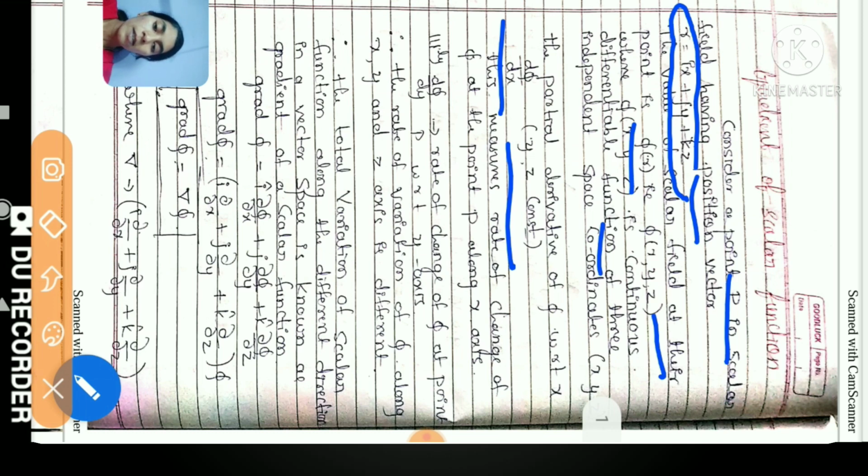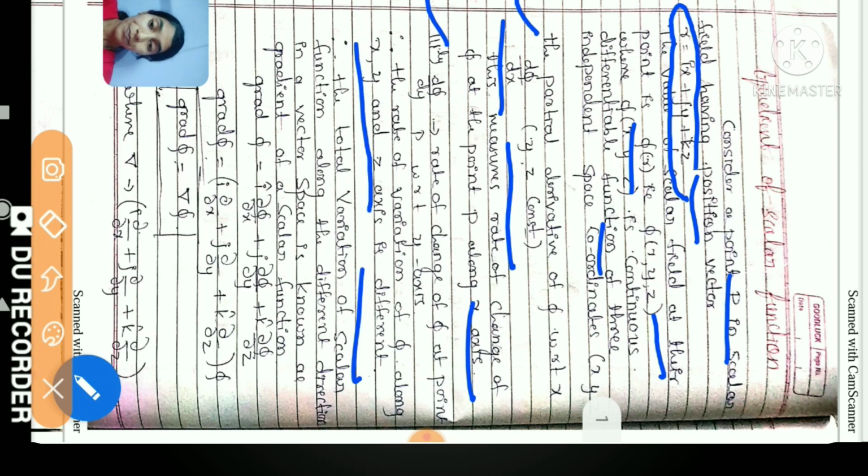This measures the rate of change of phi at a point P along the x-axis. So d phi by dx is the rate of change of the scalar function with respect to x. Similarly d phi by dy is the rate of change of phi at the point P. The rate of variation of phi along the x, y and z axes is different.